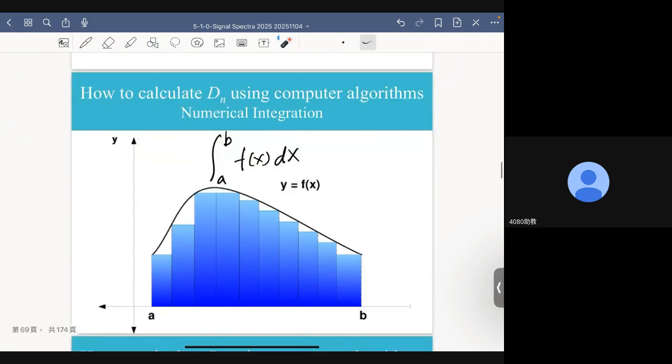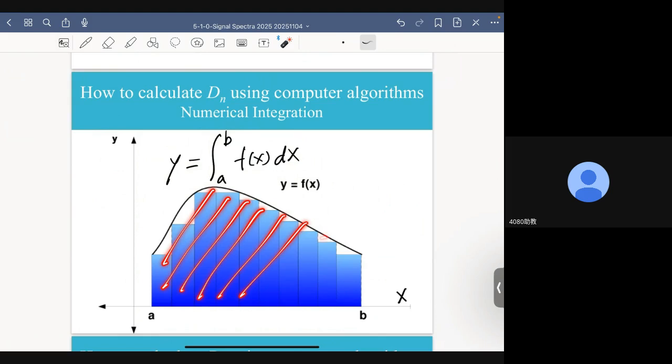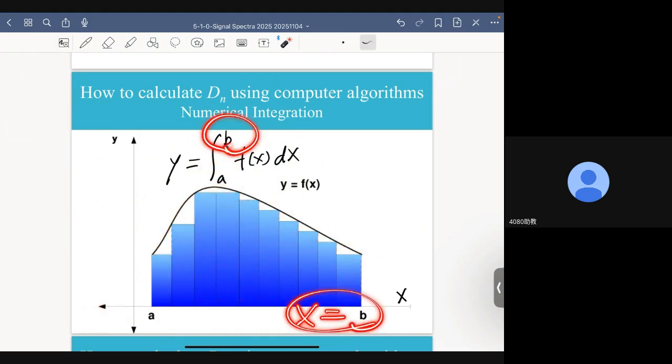From the calculus class, we know that if this is a function, let's say the horizontal axis corresponds to x, and the vertical axis in this figure represents the variable y, then the value of this integral is actually the area under the curve of f, starting from x equal to a and ending at x equal to b.